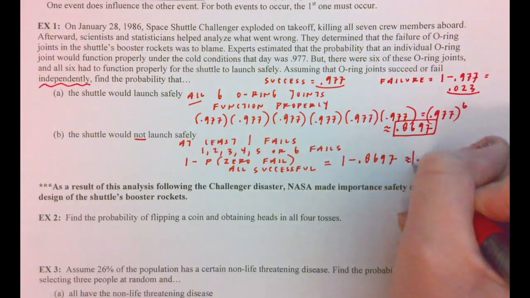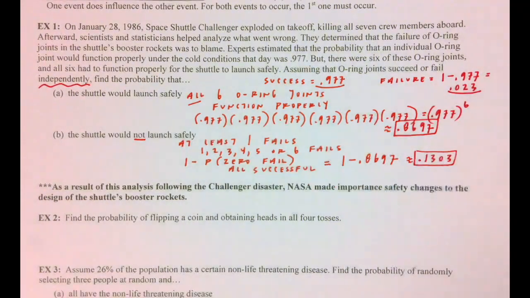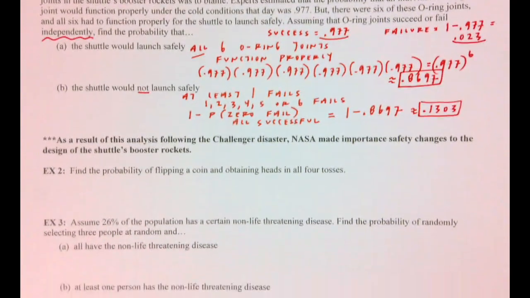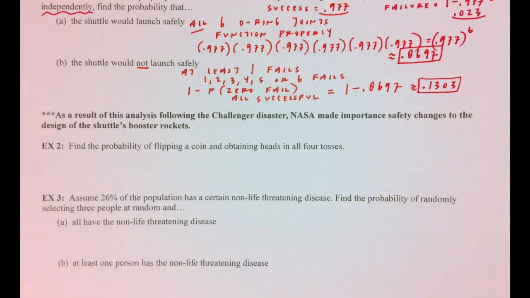So that was the likelihood from the get-go that the shuttle would not launch safely, 13.03%. All right, so as a result of this analysis following the Challenger disaster, NASA made important safety changes to the design of the shuttle's booster rockets.